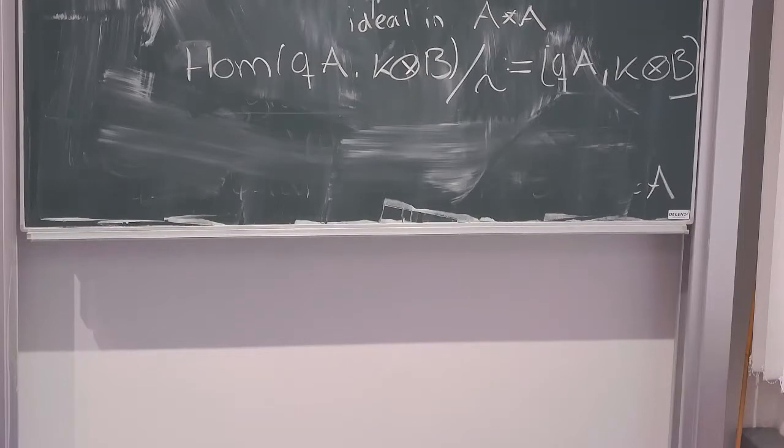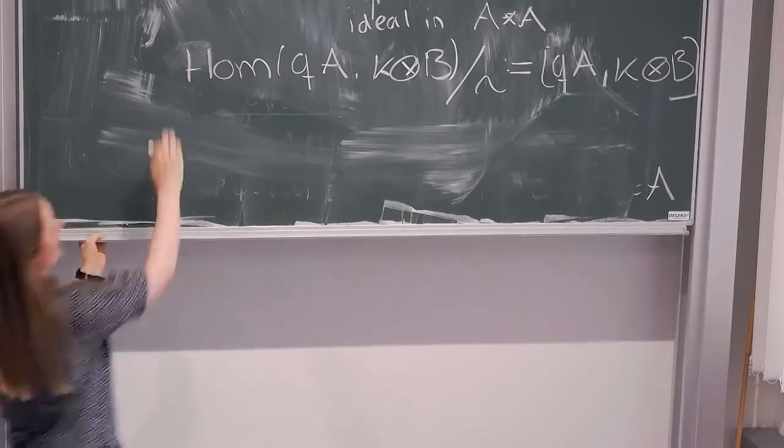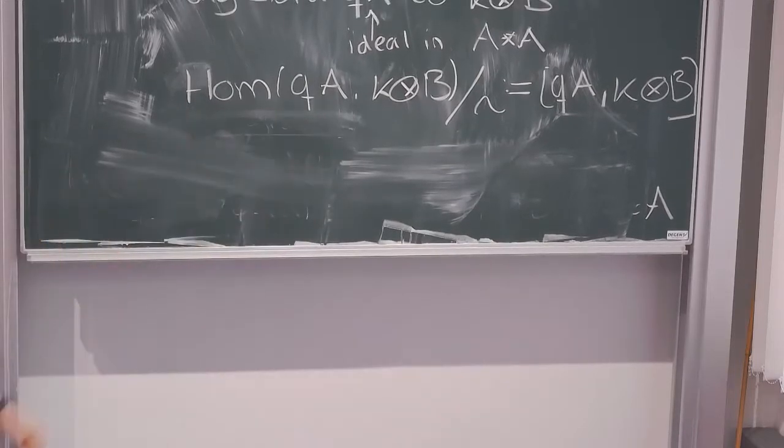I will come back to how they are related, because in the first paper he proves that we get KK-theory using homotopy classes of quasi-homomorphisms, but these maps from QA to K tensor B are related to pre-quasi-homomorphisms. So you can describe all these maps using pre-quasi-homomorphisms, but I will explain it.